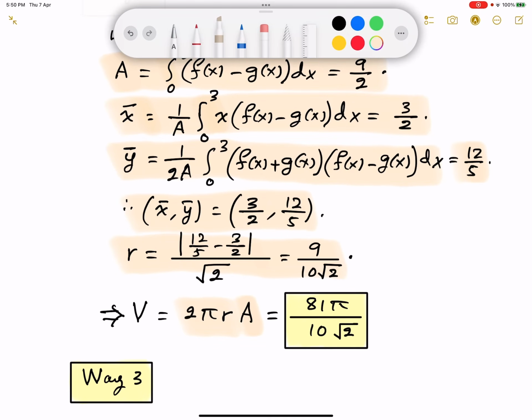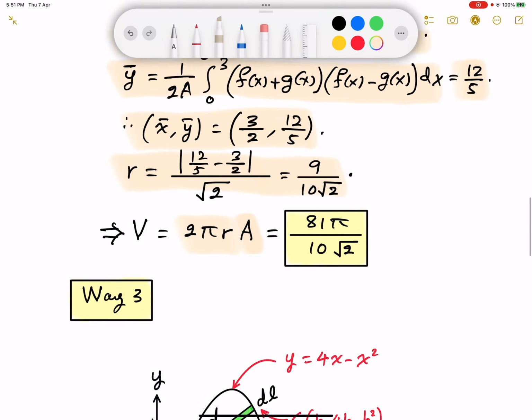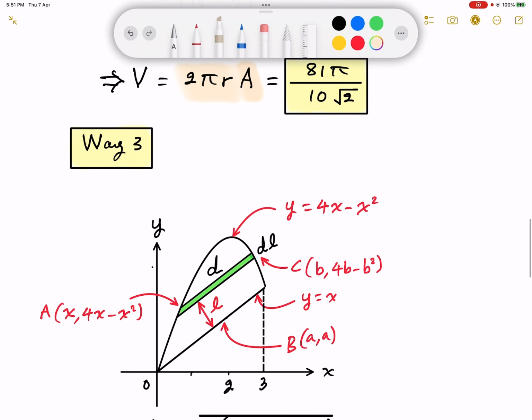So this is a shortcut, and it is a very smart idea, but the idea of this question is to test your mathematical skills to find the volume of revolution about an axis that is not horizontal, that is not vertical. And I'm proposing also a third way here, which is that you can slice the area not vertically, I mean perpendicularly to the axis of revolution, but rather horizontally, so parallel.